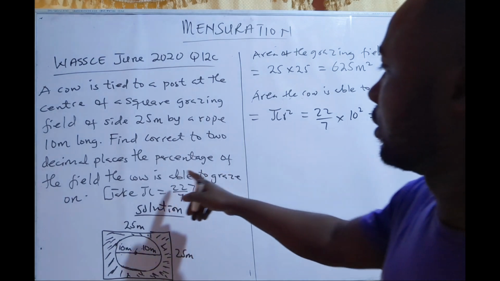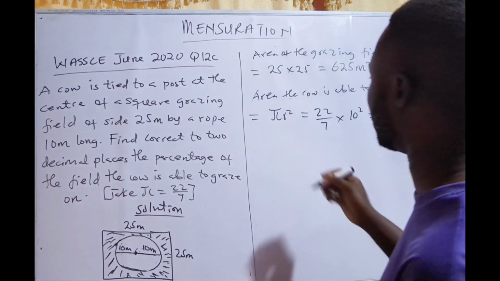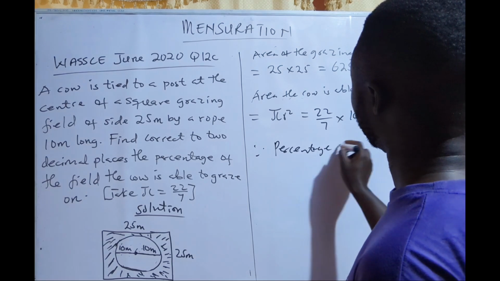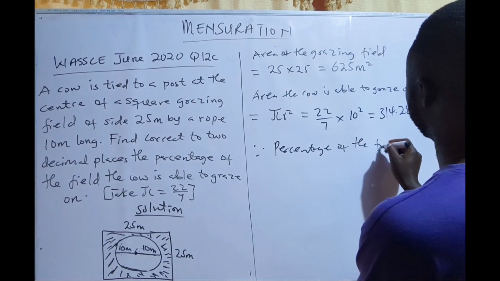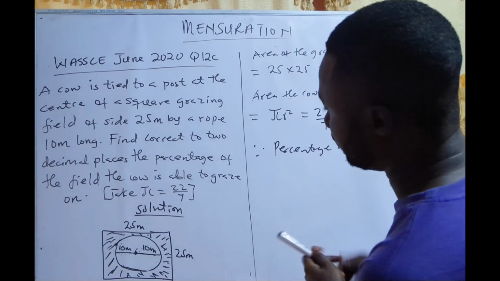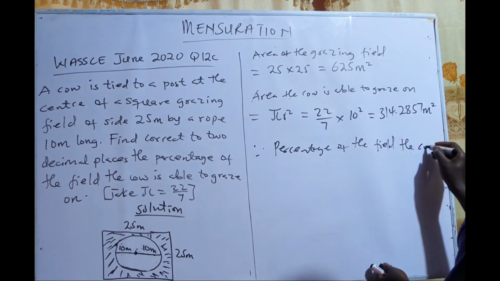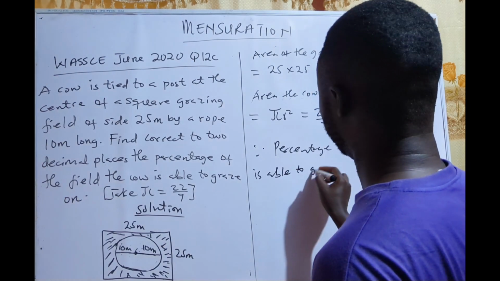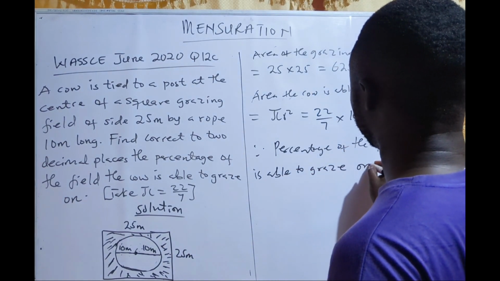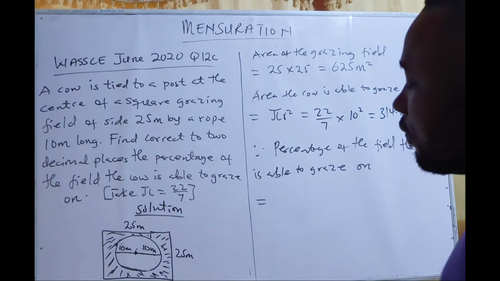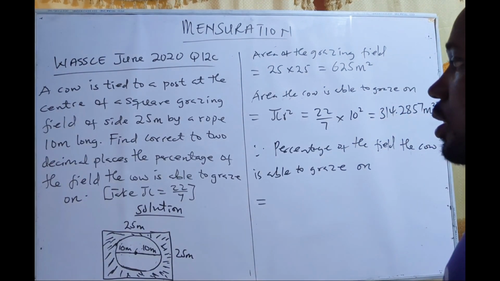And we are finding the percentage of the field the cow is able to graze on. Therefore, the percentage of the field the cow is able to graze on will be equal to what?